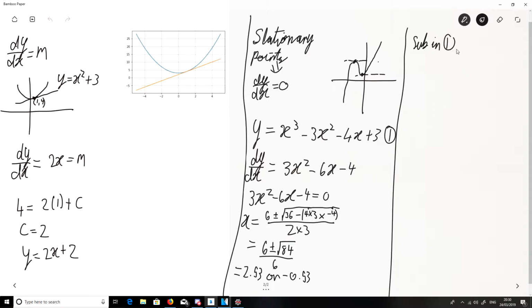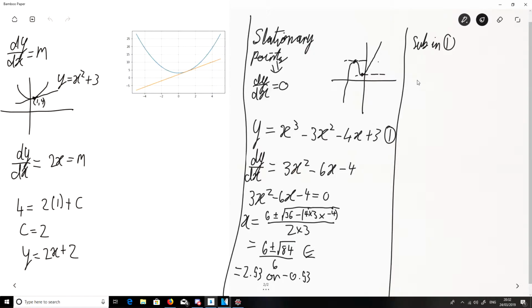We want to sub into equation 1 our values of x, which are given here. So subbing them in, all we do is just replace every x here with 6 plus root 84 over 6 and 6 minus root 84 over 6 separately to get our two values of y.